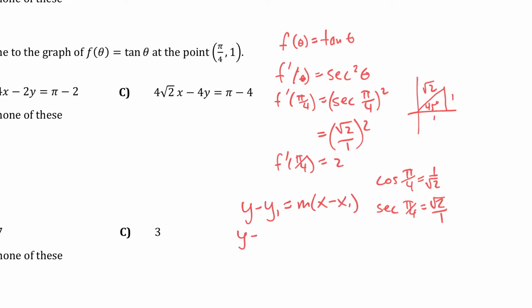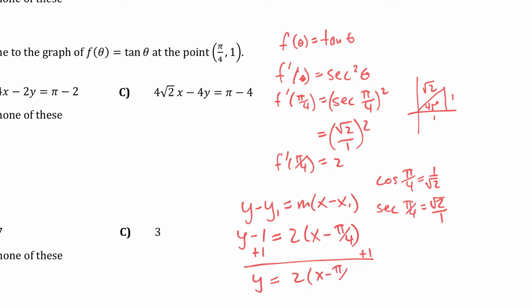So that's y minus 1 equals the slope we just got, which is 2, times x minus x sub 1, which is pi over 4. We could add 1 to both sides. We have y equals 2 times quantity x minus pi over 4, plus 1.